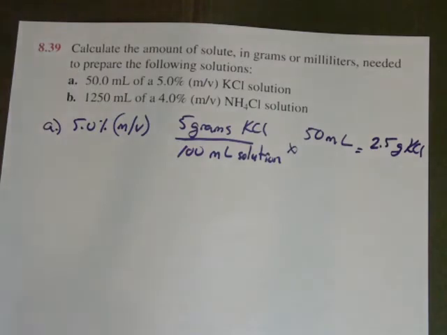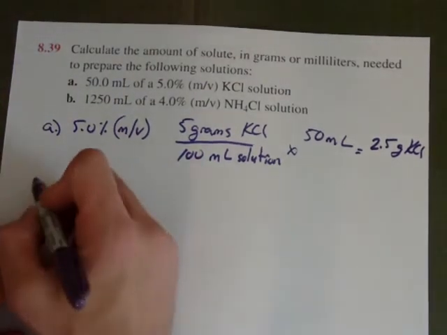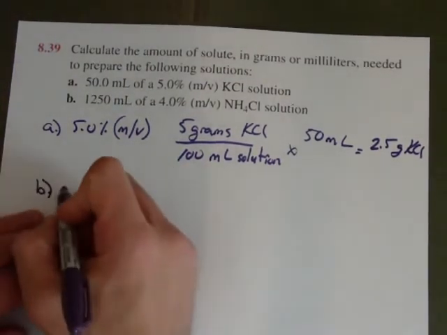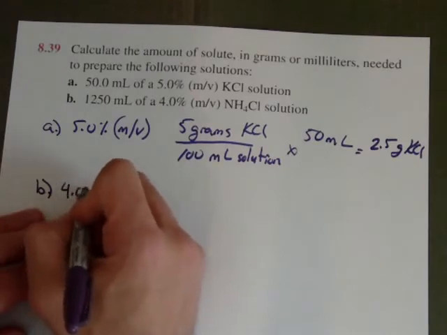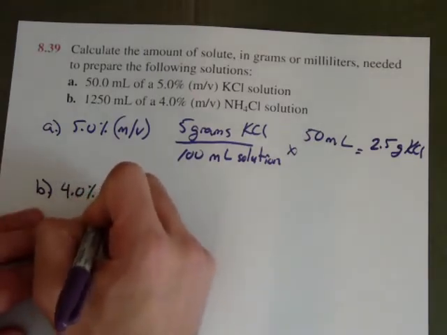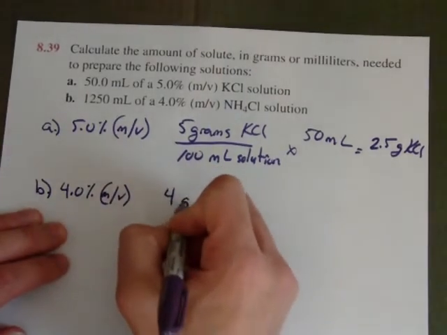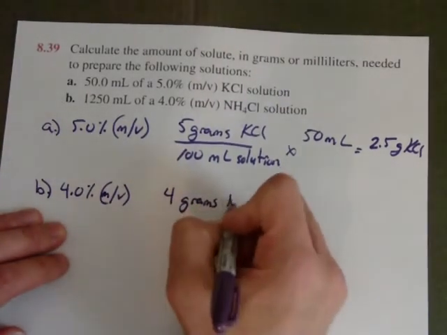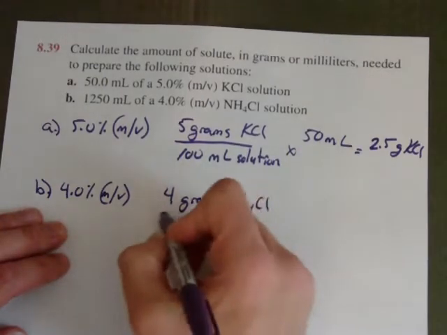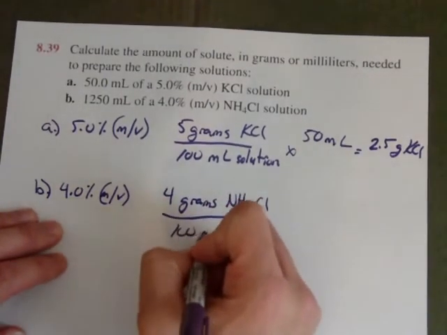All right, in B, it says that we have a 4.0% M by V of NH4Cl. So that means we have 4 grams of NH4Cl divided by 100 milliliters of solution.